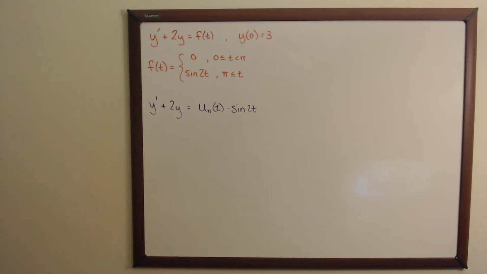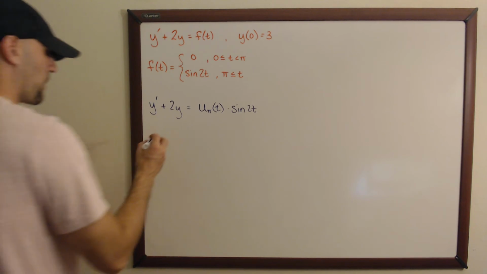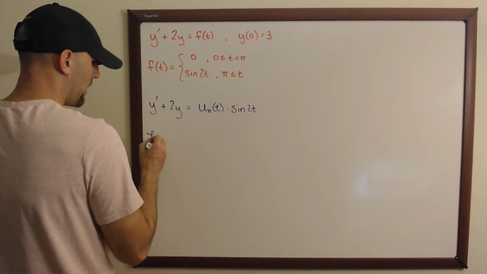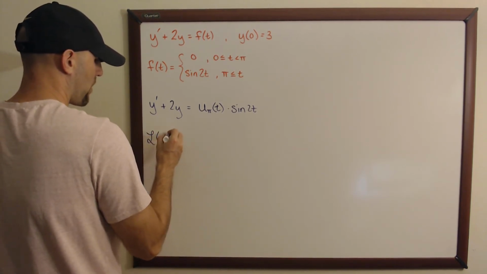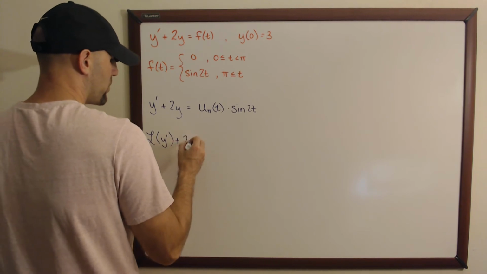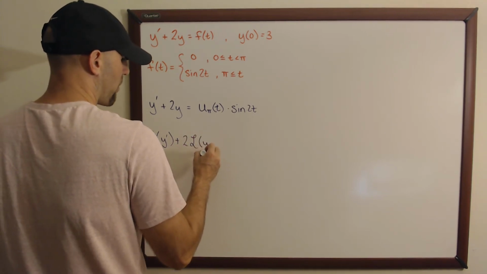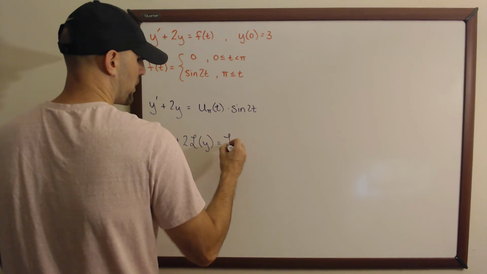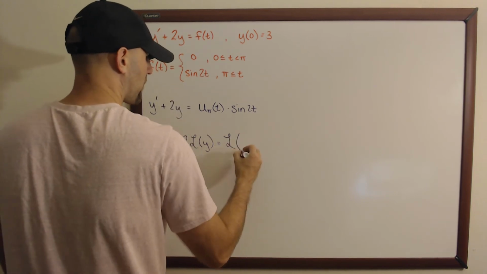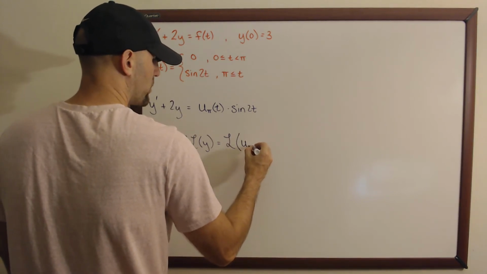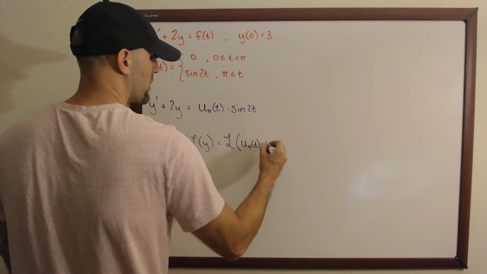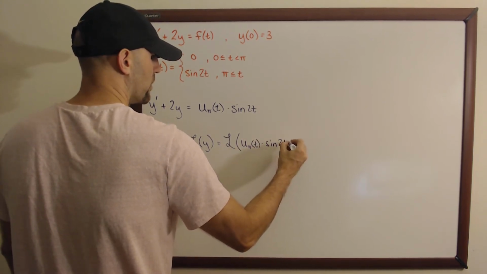Now let's take a Laplace transform. I want the Laplace transform of y prime plus 2 times the Laplace transform of y, equal to the Laplace transform of u sub pi of t times sine 2t.